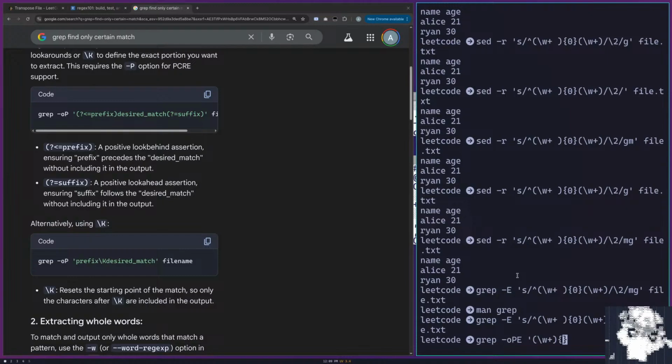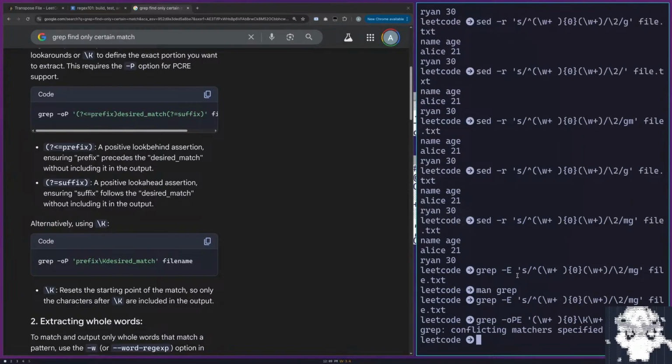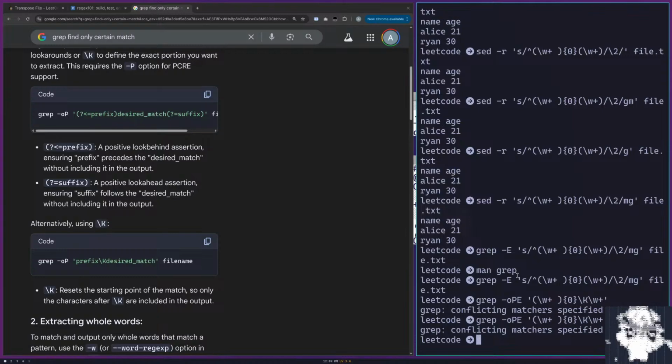0 words followed by a space, and then -k, and then my desired match, which is -wp or /w plus, and then the file.